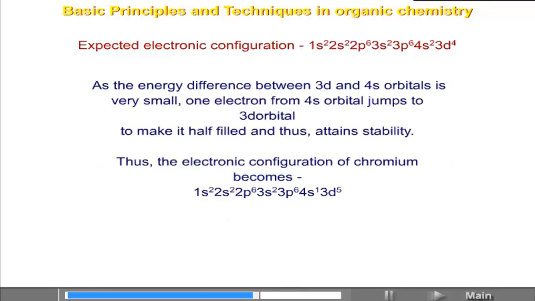As the energy difference between 3d and 4s orbitals is very small, one electron from the 4s orbital jumps to the 3d orbital to make it half-filled and thus attains stability. Thus, the electronic configuration of chromium becomes 1s2, 2s2, 2p6, 3s2, 3p6, 4s1 and 3d5.